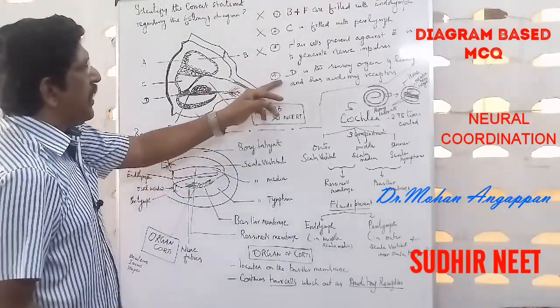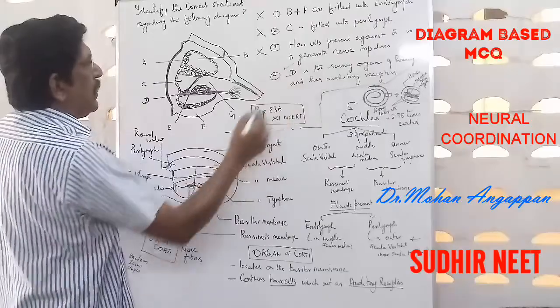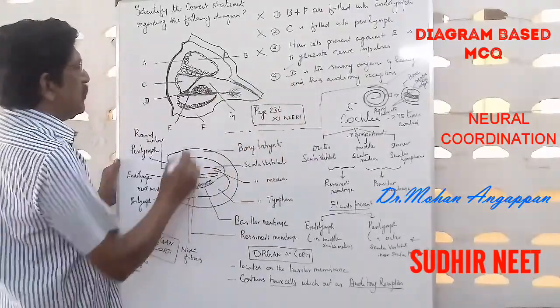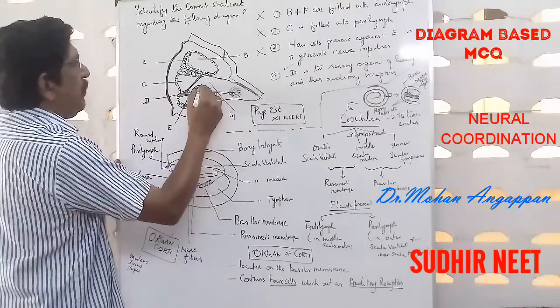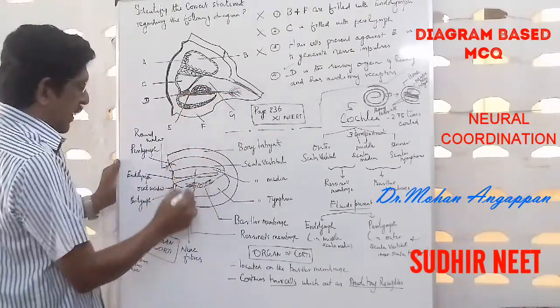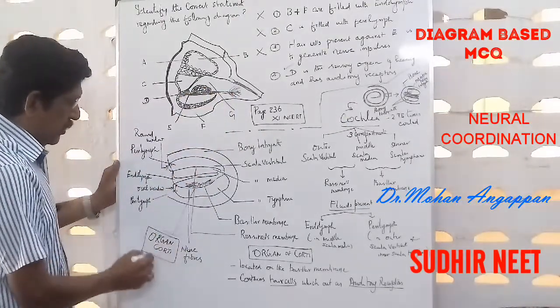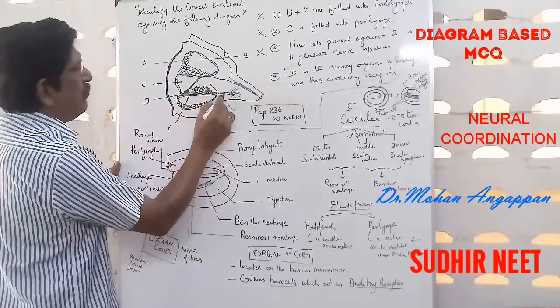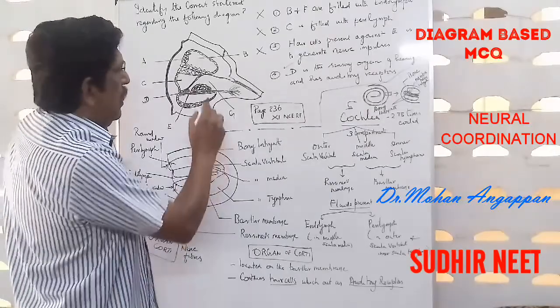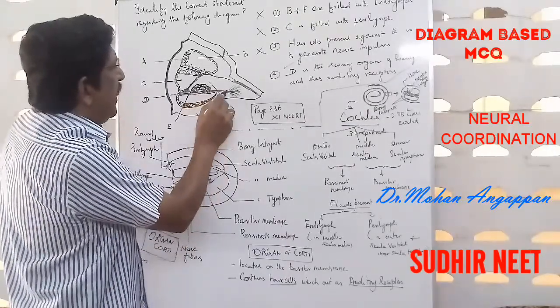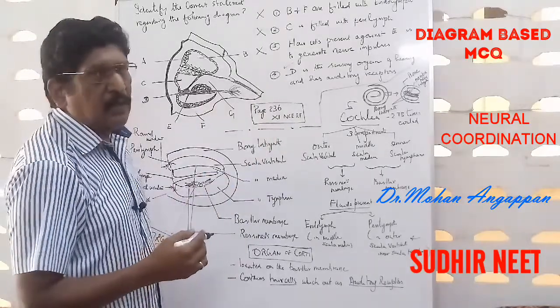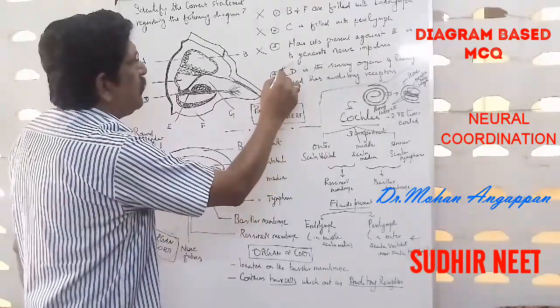So the last option, D, is the sensory organ of hearing and has auditory receptors. So this is the portion D, the organ of Corti. I have told you this organ of Corti is located on the basilar membrane, which contains hair cells which act as the auditory receptors. So the right answer is option 4.